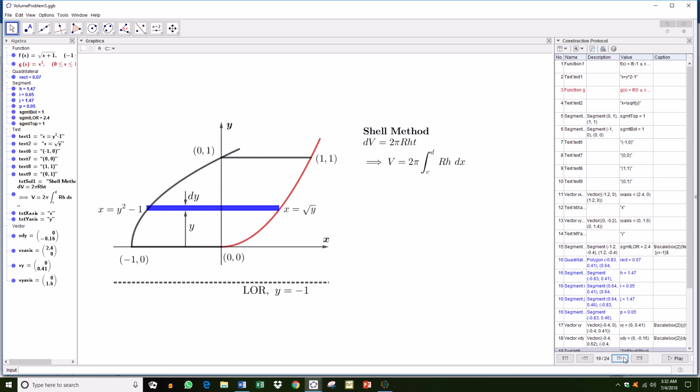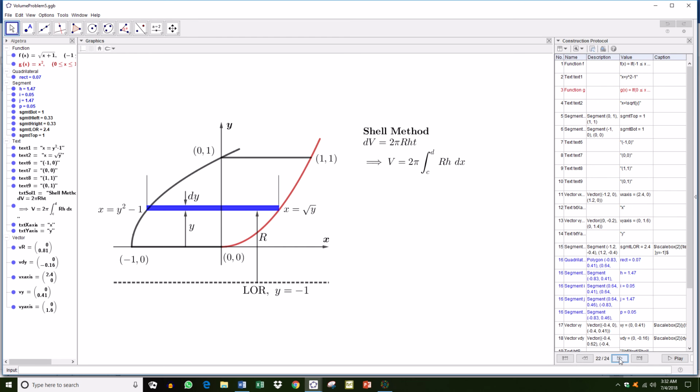R is the distance from the line of revolution to the rectangle. h is the width of the rectangle. Because we are measuring the h in a horizontal direction, I got the arrow pointing this way to indicate that you do the right point minus the left point. And just about done.